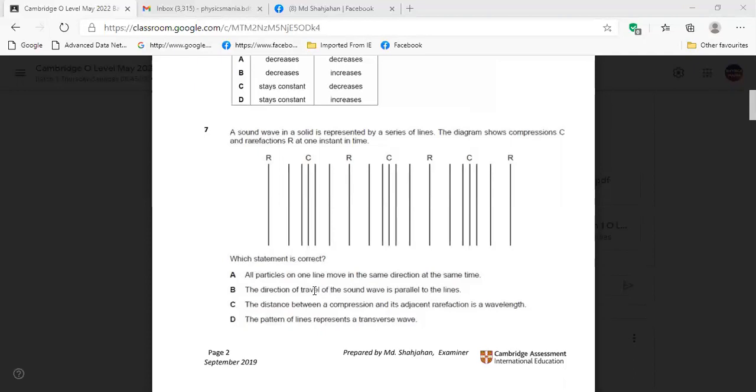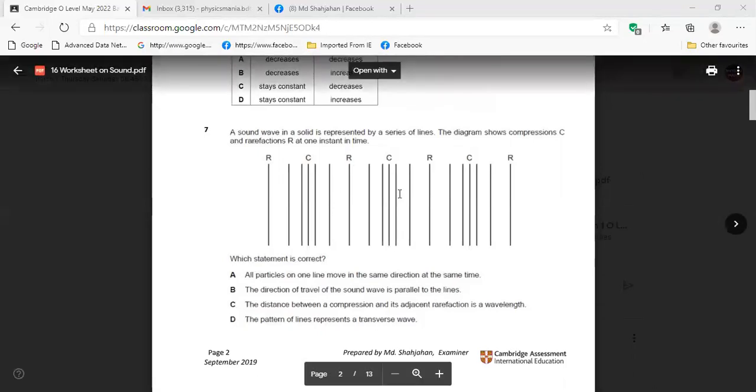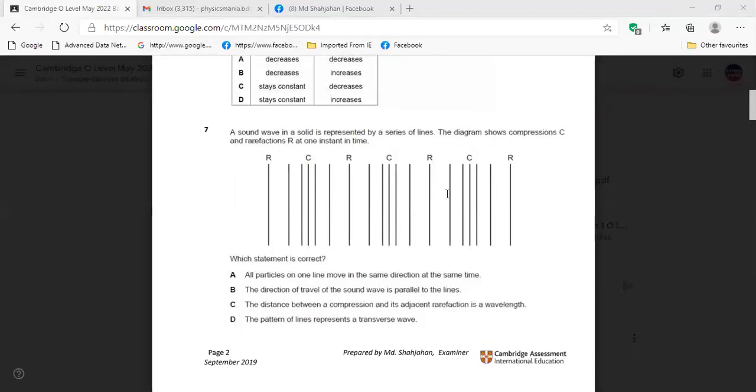In a longitudinal wave, compression and rarefaction happen going forward and backward, right?